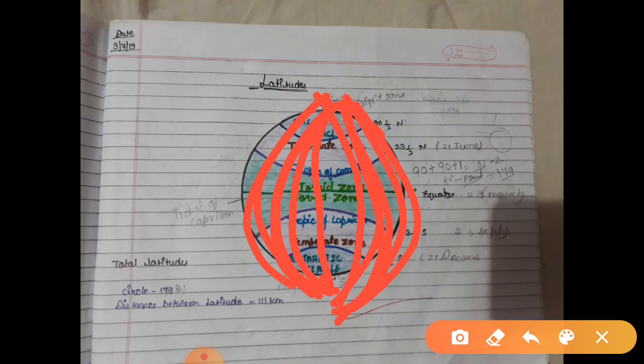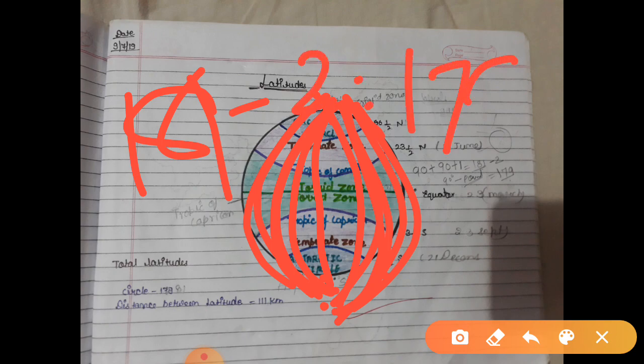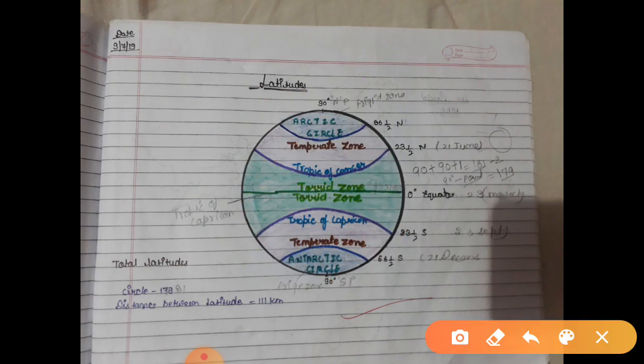So if they ask how many latitude circles are there, then 181 minus 2, it will be 179. Okay, so you must know about these latitudes.